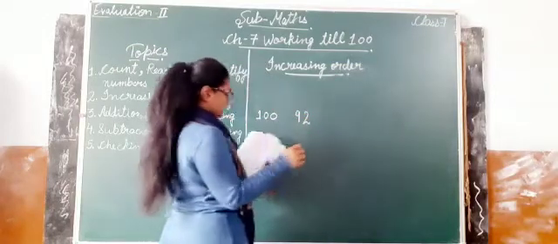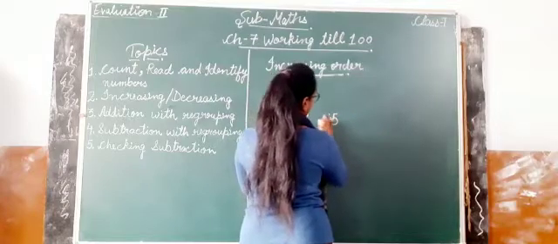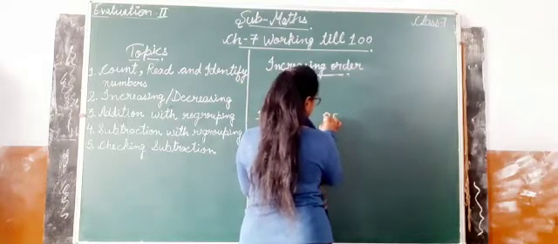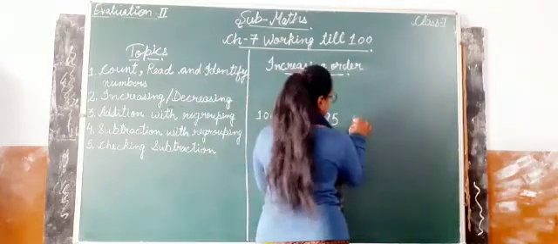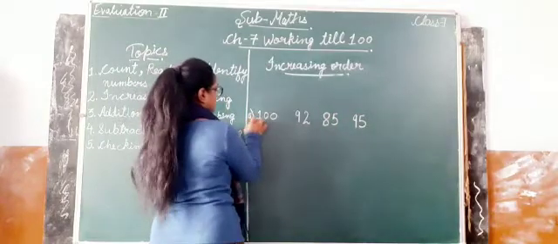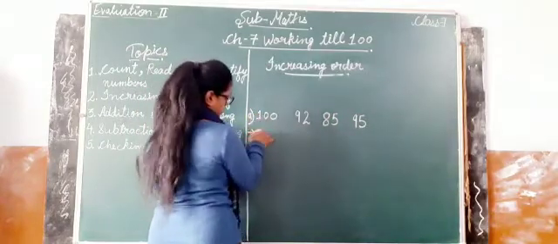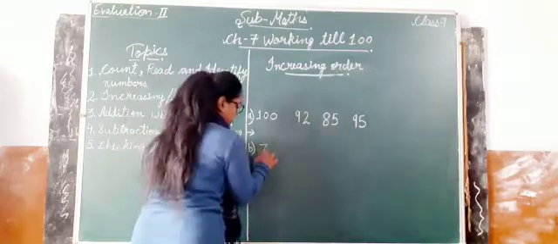I hope you already know how to arrange numbers in increasing order. We are just going to revise it with some greater numbers today. We have learned how to arrange in increasing order with smaller numbers already in our previous classes. This is your question. Let us take two questions over here so that we can learn it properly.